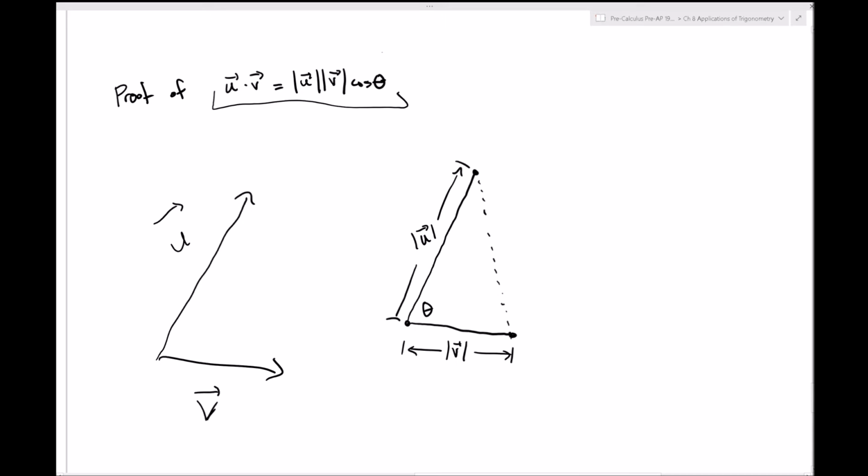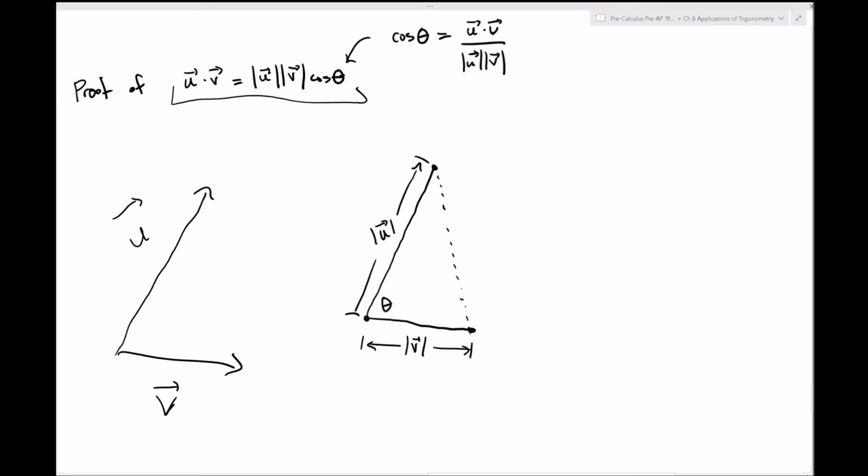So this expression includes the cosine of an angle. That's probably why they wrote it that way, because then I could just solve for cosine of theta. Cosine of theta, according to them, was U dot V divided by the product of the magnitudes of U and V. So I would probably just want to come up with an expression for cosine of theta.